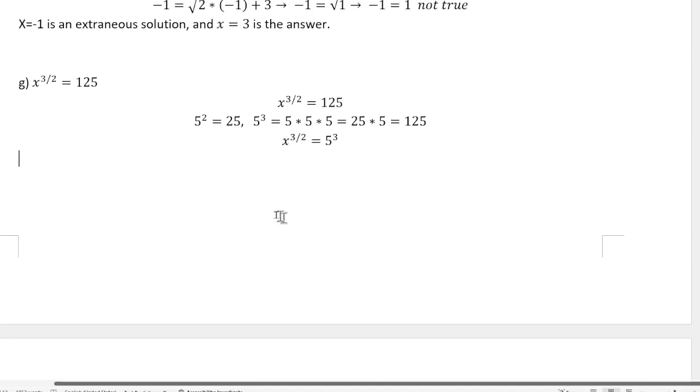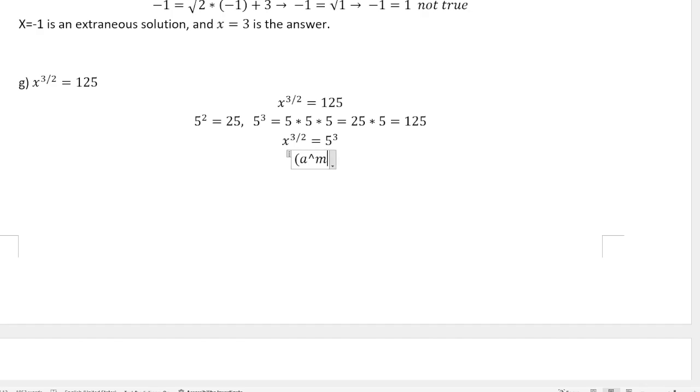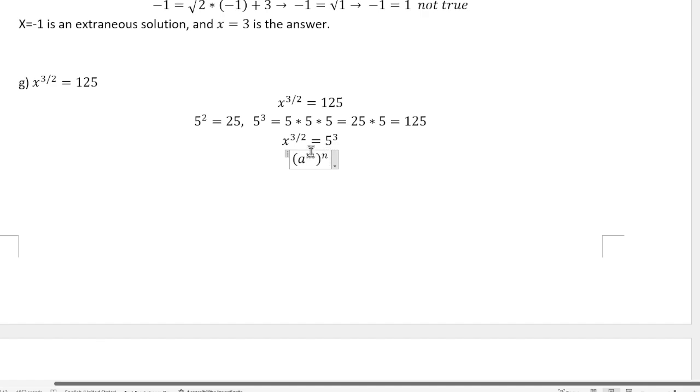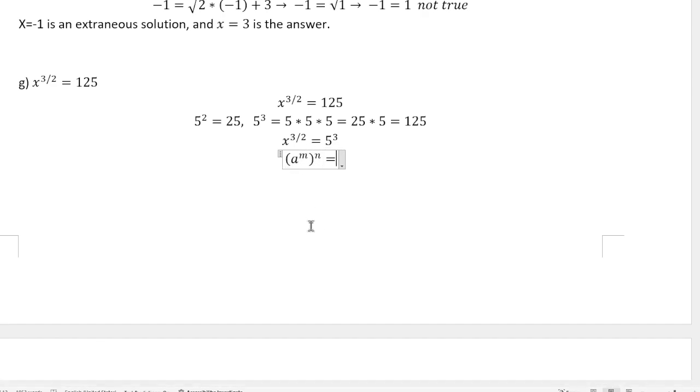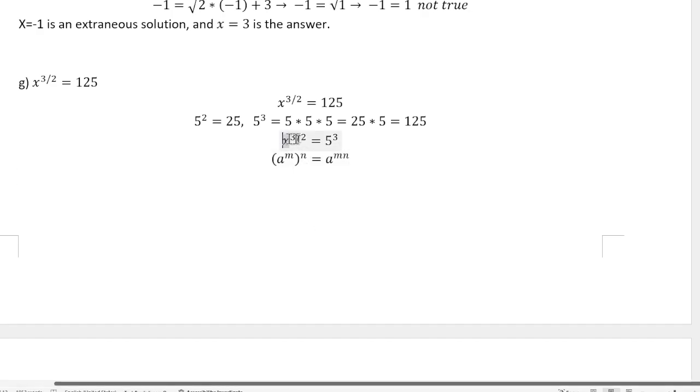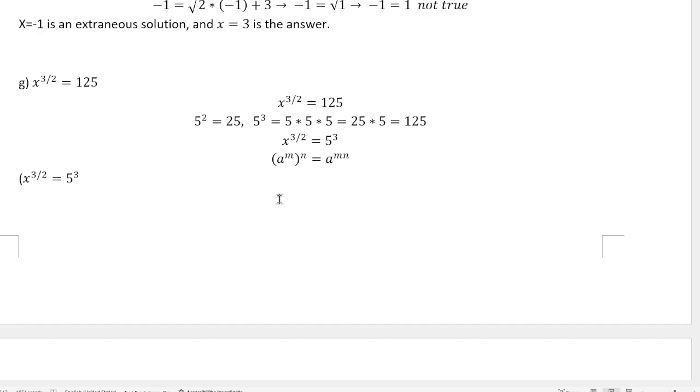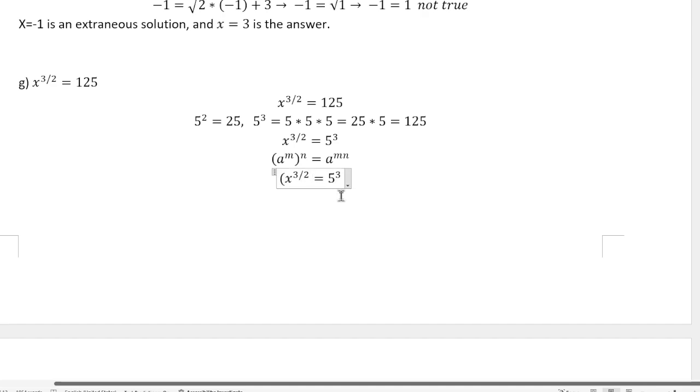Okay, once you write in that format, the formula that you want to make use of is that if you have a to the nth power to the nth power, if you have an exponent outside the parentheses, inside parentheses like this, then the exponents multiply. So this rule is what we want to use, and the way we are going to use it is by taking this equation and exponentiating both sides by the reciprocal of this number.